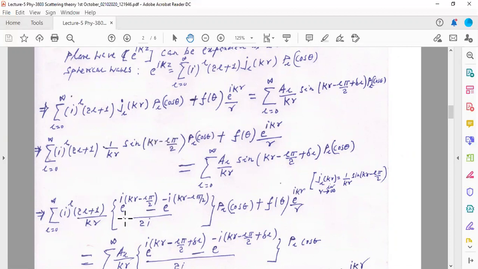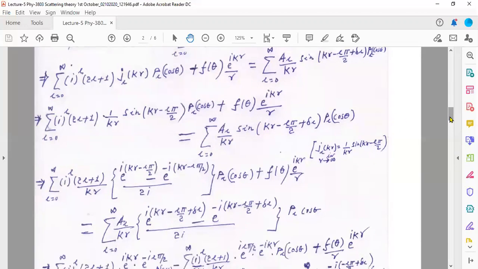So I put in this value, and P_l of cos theta stays as it is, and f theta, e to the power of ikr by r, also comes as it is. You see this is okay. And now look at the right hand side of this equation, where I am keeping A_l over kr.